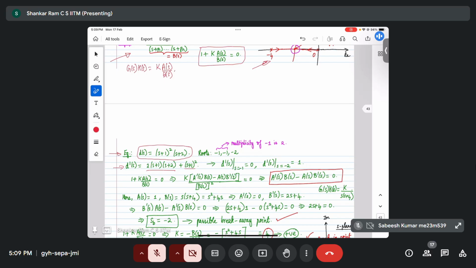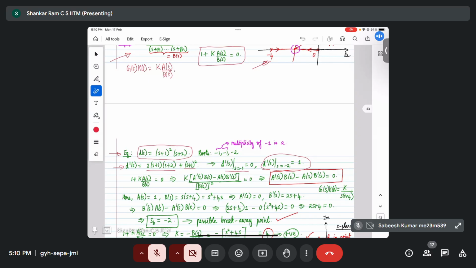Now something becomes interesting. Since -1 is a repeating root which repeats twice, the first derivative of this polynomial with respect to s is also 0 at -1. However, when we substitute -2, the derivative is not 0. This is a unique property which comes into play when there is a repeating root.